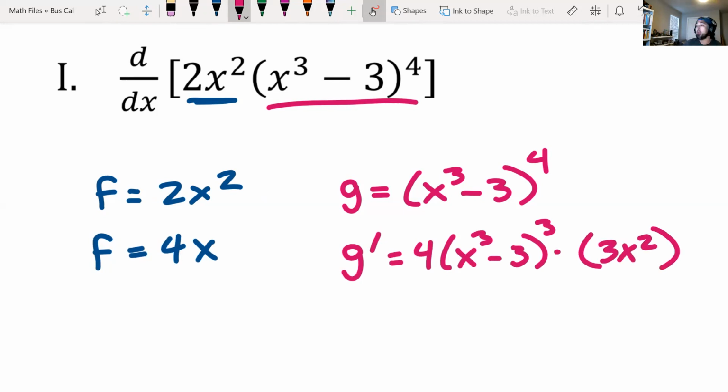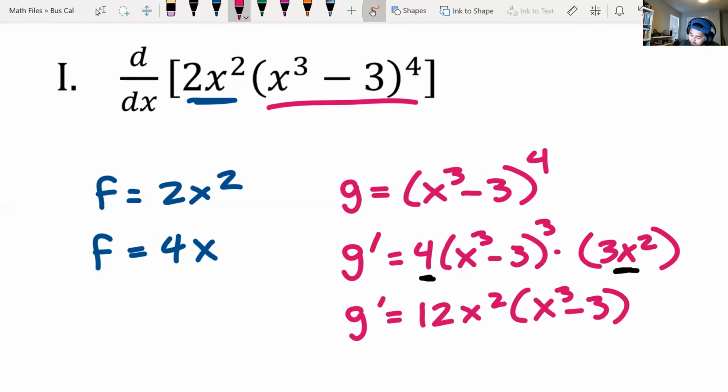Good. And now let's just go ahead and clean g prime up, and you'll get 12x squared times (x cubed minus 3) to the 3rd. Okay, so that's the derivative of f. That's the derivative of g.